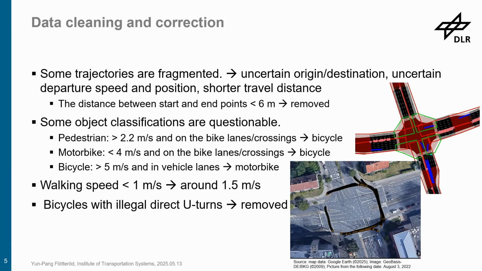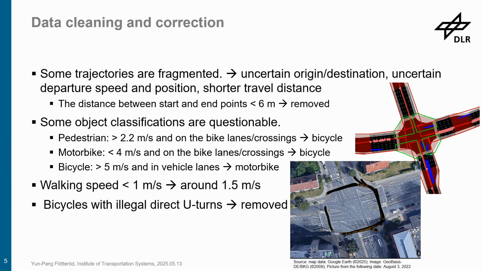Moreover, we also found out that some object classifications are not really certain, and here we provide an example. Originally, these trajectories were classified as pedestrians.